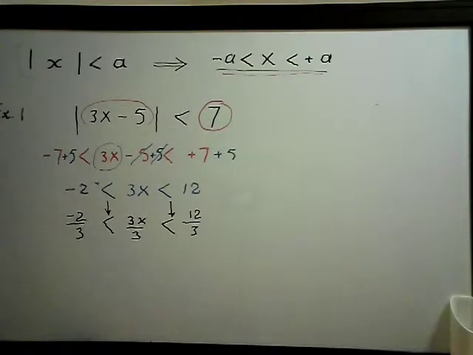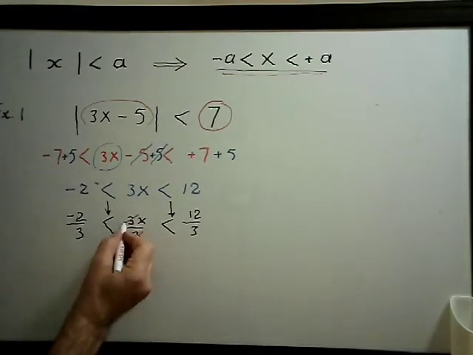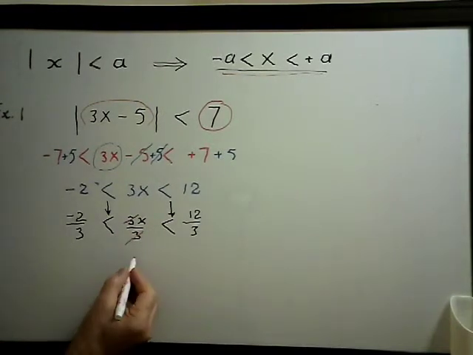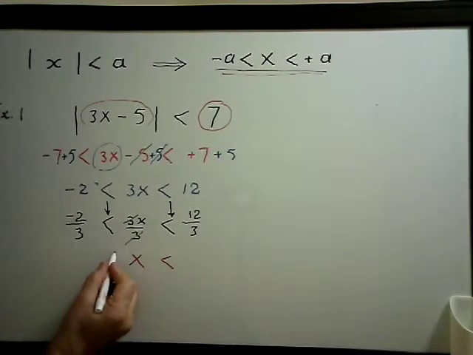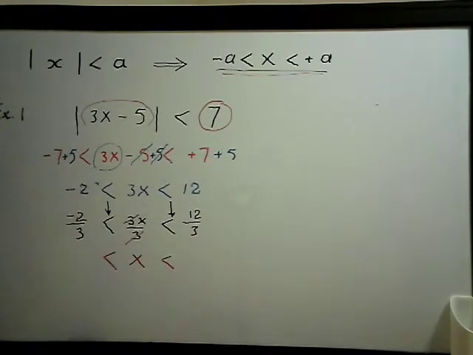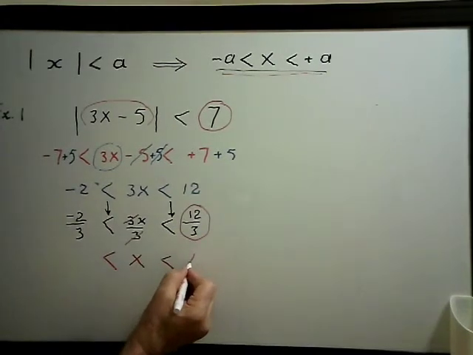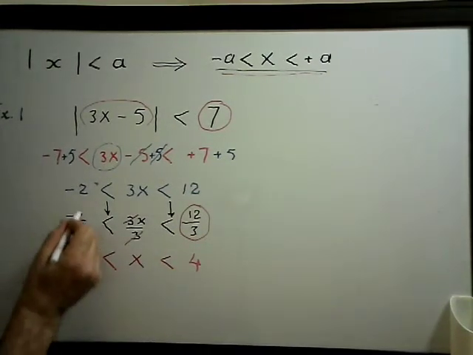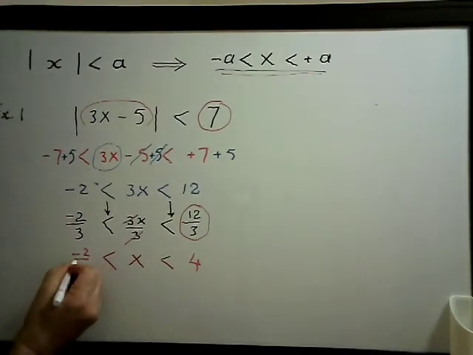Then we cancel 3 with 3 and get x here. Still the same sign for inequalities. Here we get 4, and here, in simplest form, negative 2 over 3.